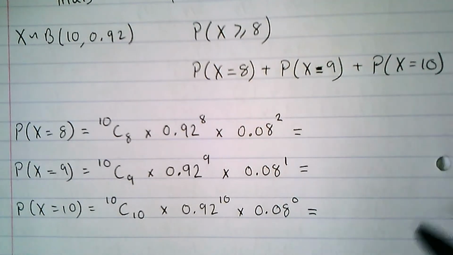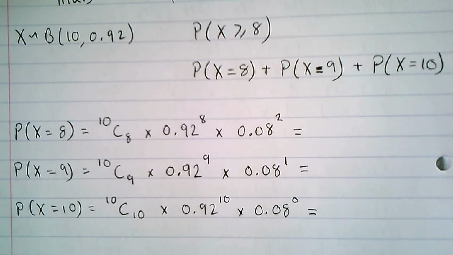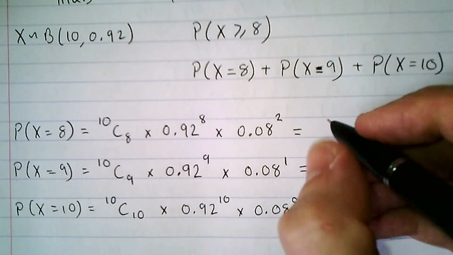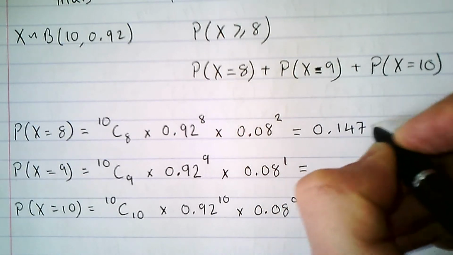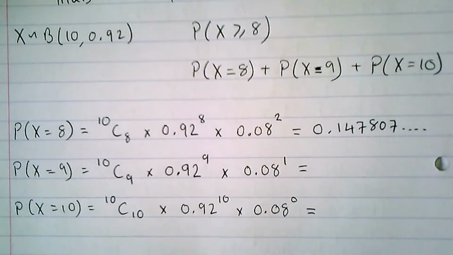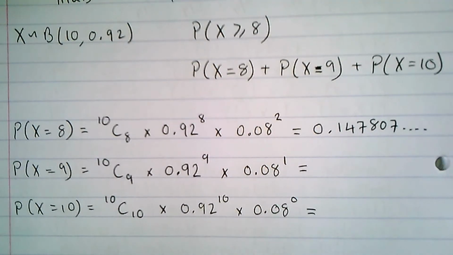Okay, and then we can work out what these probabilities are individually and add them together. So I'm going to do that. 10 choose 8, multiplied by 0.92 to the power of 8, multiplied by 0.08 to the power of 2. So I get this here as 0.147807... Next one is the same, so we're going to do 10 choose 9 multiplied by 0.92 to the power of 9 multiplied by 0.08 to the power of 1.